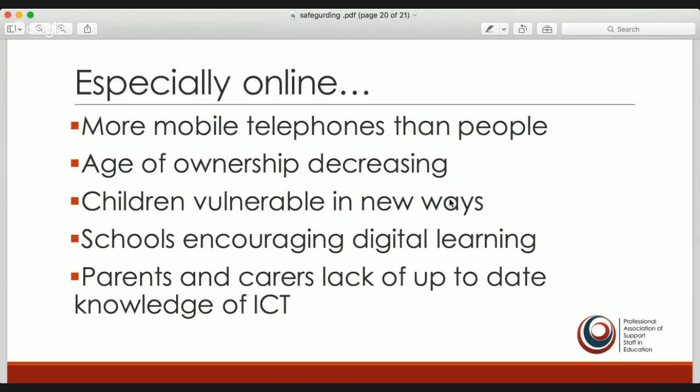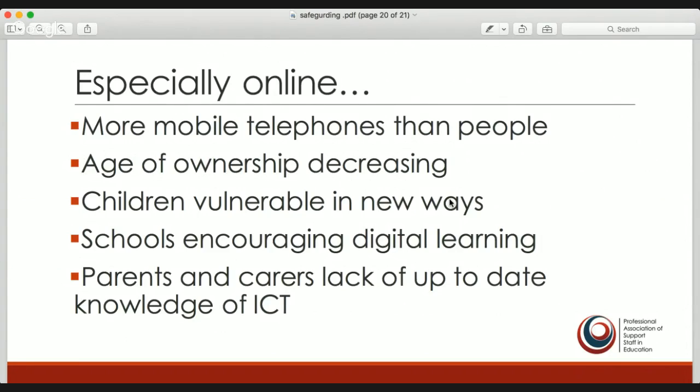And the schools are encouraging digital learning. One of the schools that I was working with did encourage the use of mobile phones. They used them in the classroom. They did have good blocks in place, and children were checked to make sure they were only using the school system. So they used them as a thesaurus to check out words. They used them as a calculator.